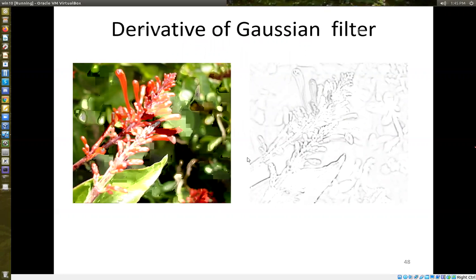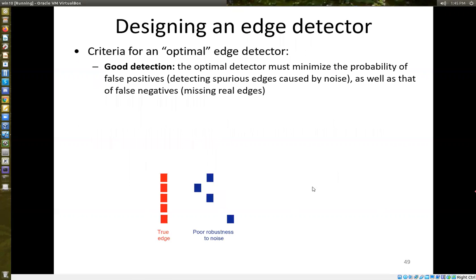So this is a DoG result here. It's decent, I guess. As we mentioned earlier, but we didn't get into detail, what contributes to a good edge detector.